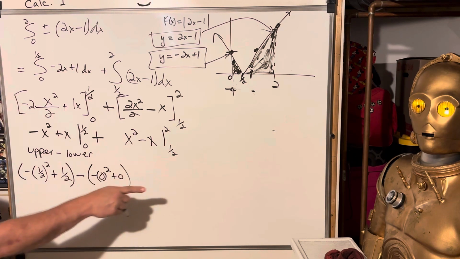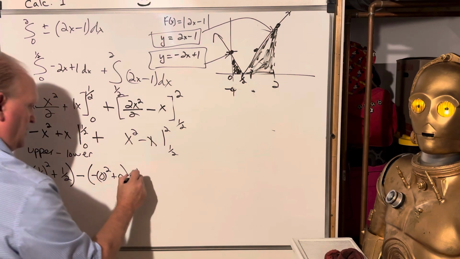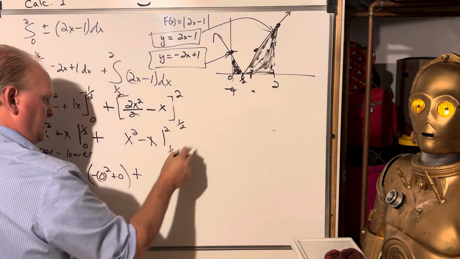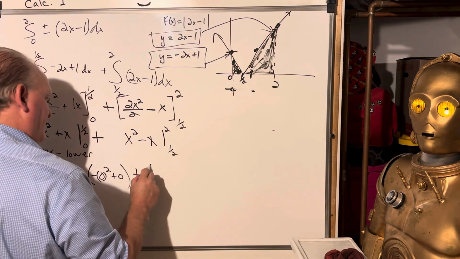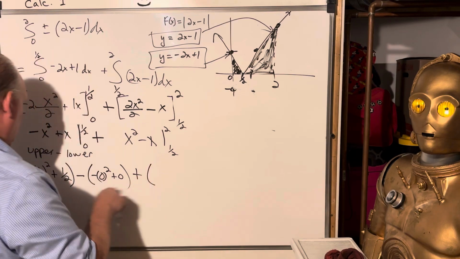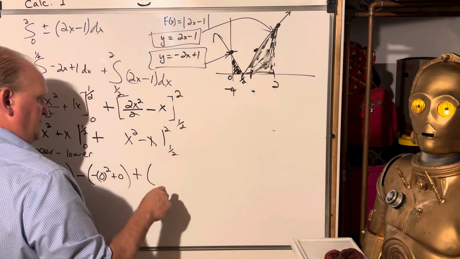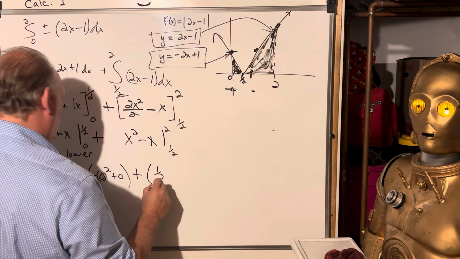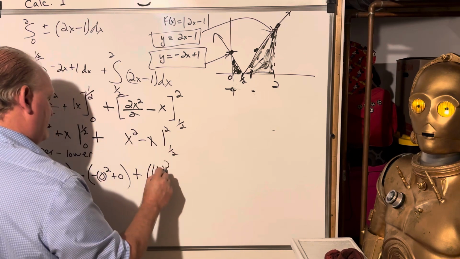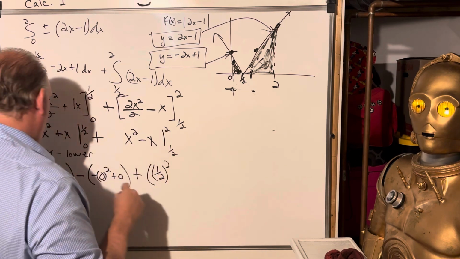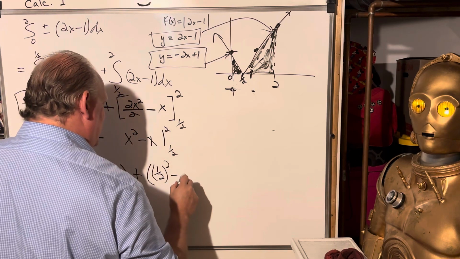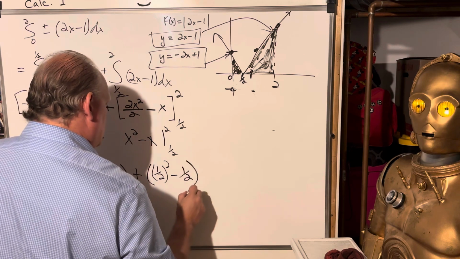And now we can disregard it. Now we know that's 0. Plus, and now we're going to do the 1/2 again. So that's good. Whatever this works out to be, that's going to be the same as this. Half. Oh, no, it's not, because we don't have a negative on it. Never mind. That's not going to be the same. Silly.